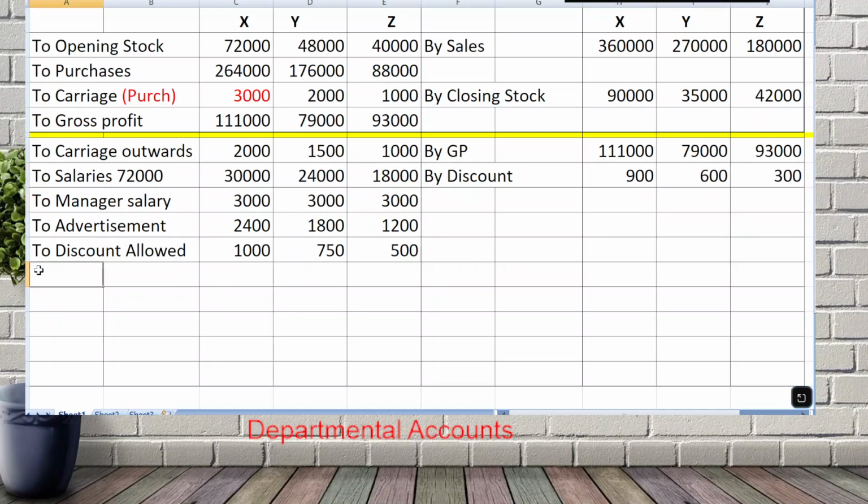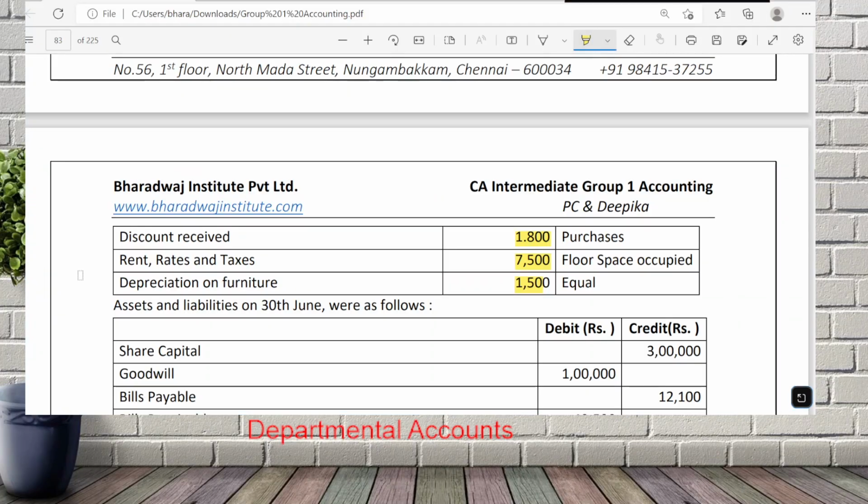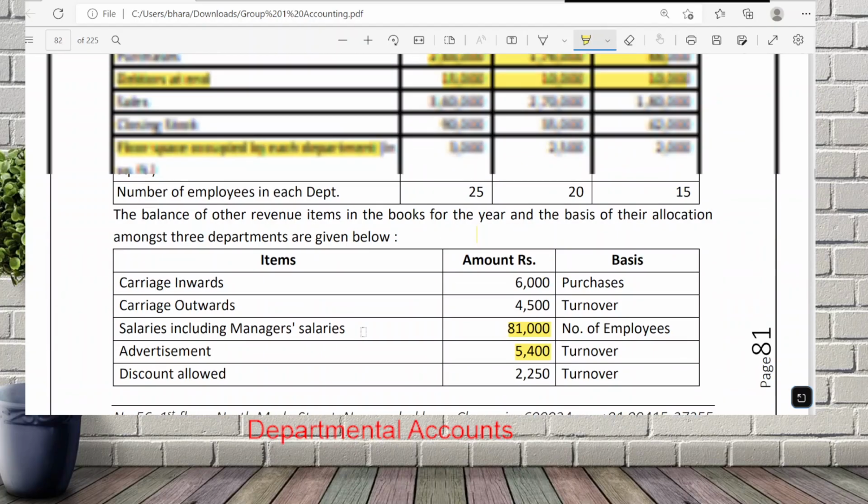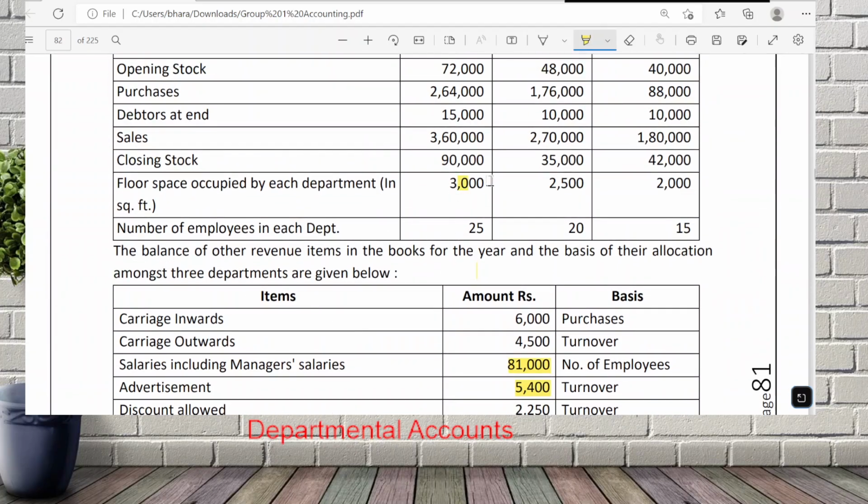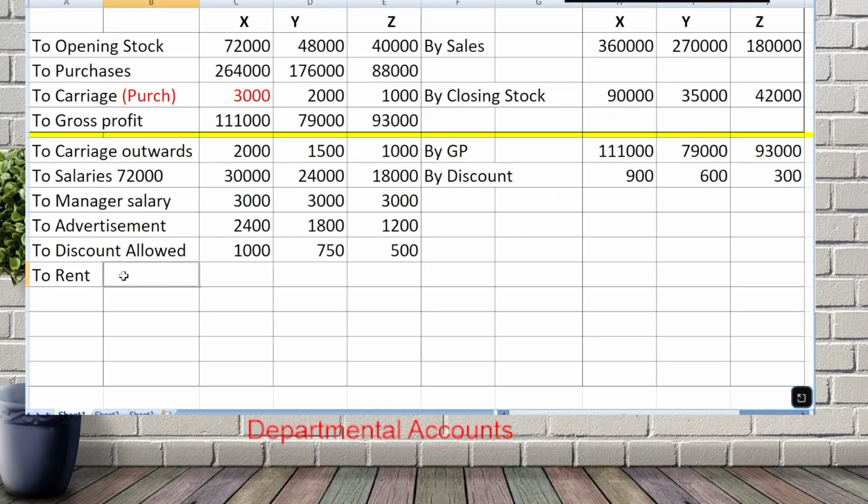Then rent, rates and taxes, based on floor space. Floor space is given separately: 3,000, 2,500 and 2,000.